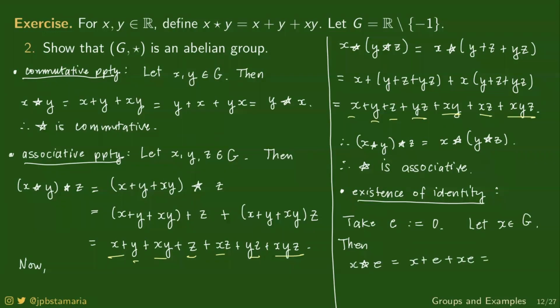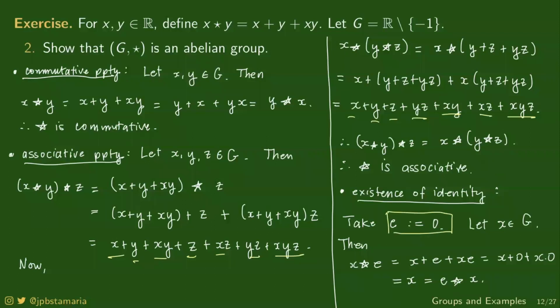But what is E? E is 0. So that's basically x. But remember, the operation is commutative. So ang x star E, pareho lang yun sa E star x. No need to compute. So really, this is the identity element.